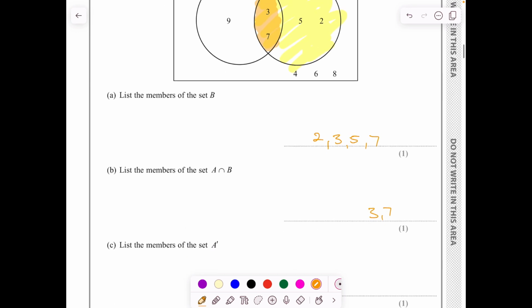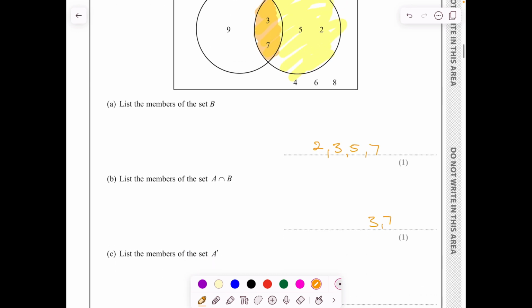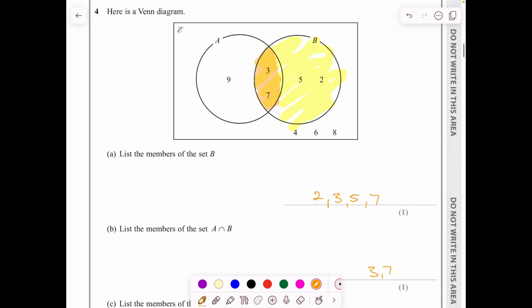Next bit, you need to be a bit careful. So list the members of not A. So if you know that all of A is here, so I'll use a different colour. This is all of A. So you can't put any of those in.